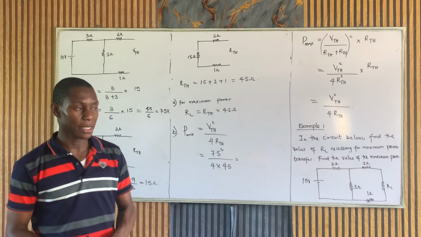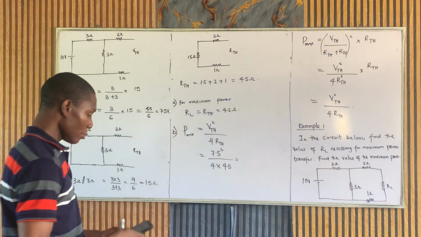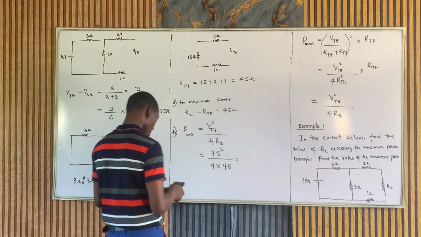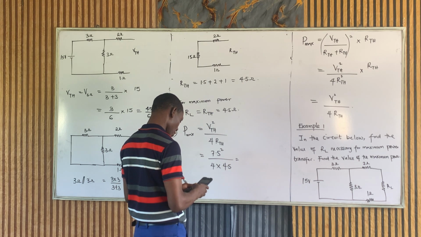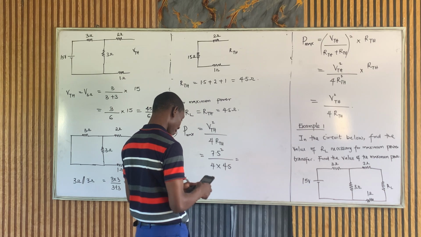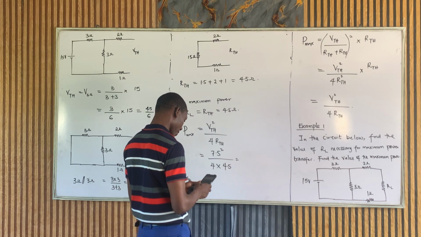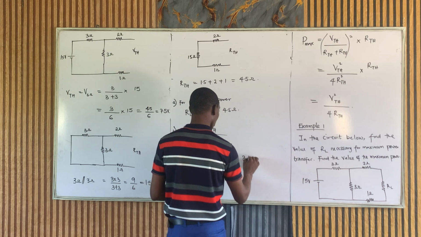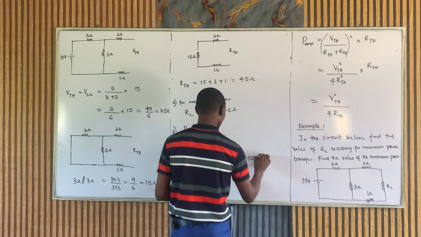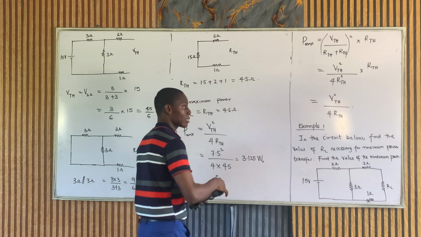So let's calculate this now. 7.5 squared divided by 4 times 4.5, 3.125 watts. So that's that about.